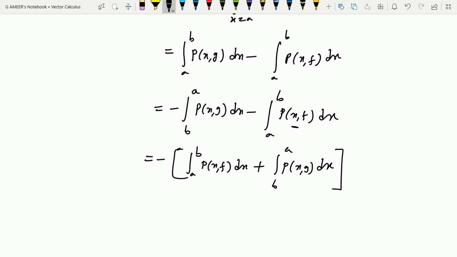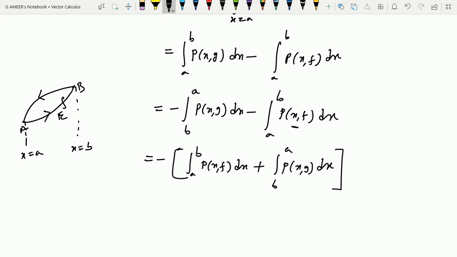Now if you see here, we have taken the curve like this, one upper part and one bottom part. So we are going from x equal to a to x equal to b in the diagram, on the curve corresponding to a to b. Then we are going from b to a on the g curve.